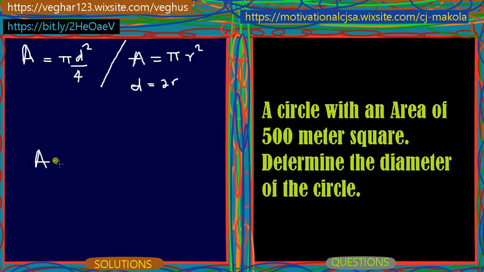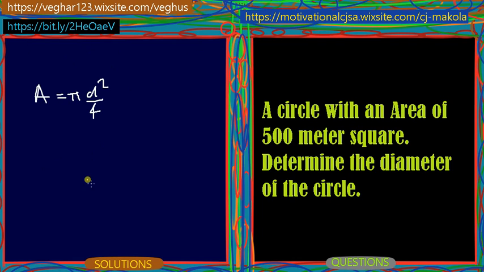So we have something like this: pi d square divided by 4. We want to make d square the subject of the formula so that we are able to calculate the diameter.